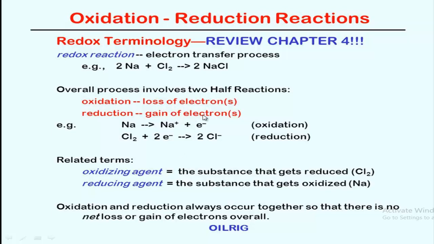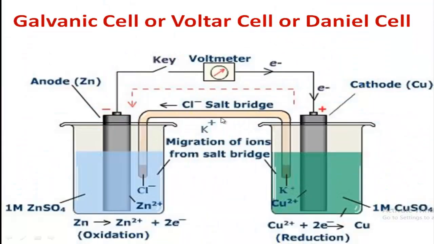In today's lecture, I will discuss such an electrochemical cell, the galvanic cell, also called the Voltaic cell or Daniell cell. This is also a very important electrochemical cell, and it is familiar to you because you already heard about it in the previous class, but still I will discuss it more in today's lecture.